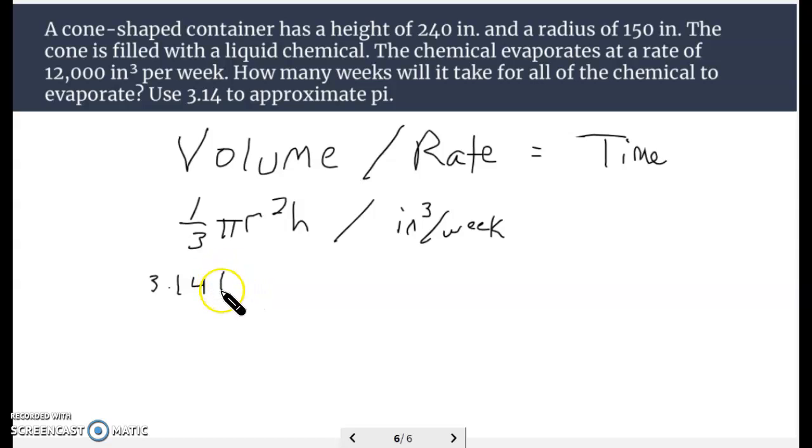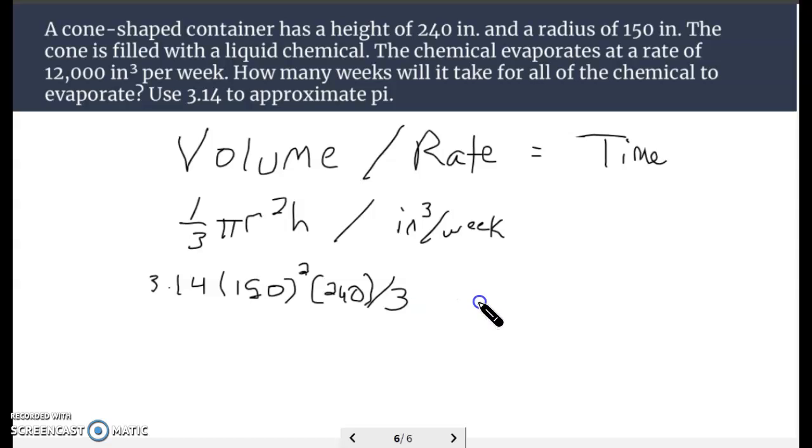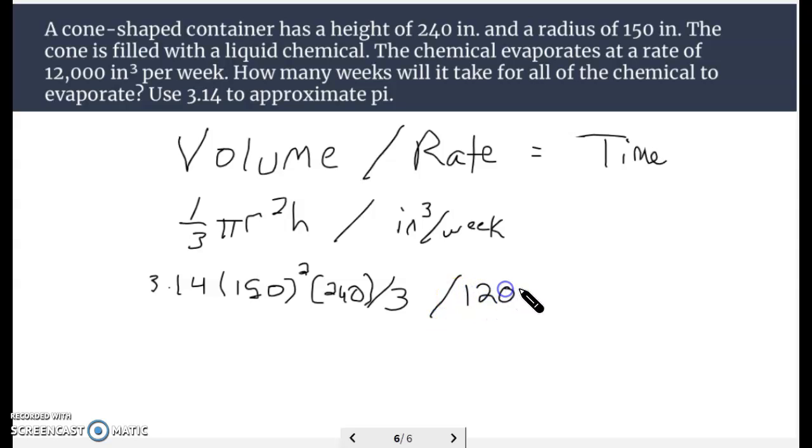The radius is 150. Squaring the radius, multiplying by the height of 240. Dividing by 3, then that takes care of 1/3. And then all of that is getting divided by 12,000.